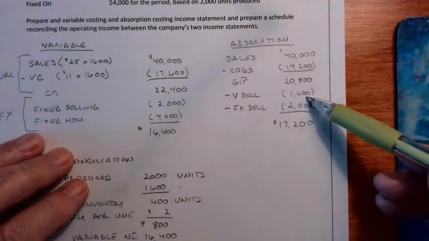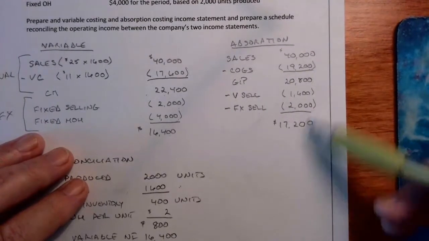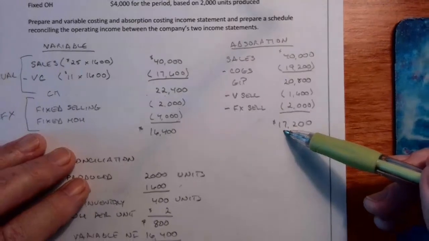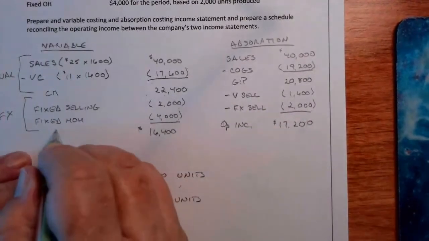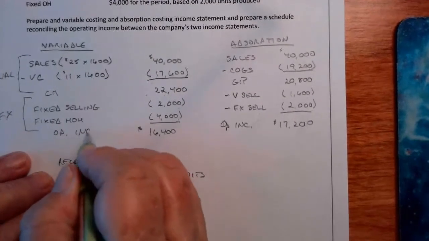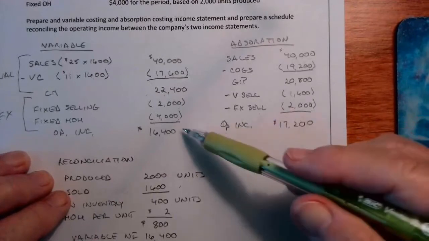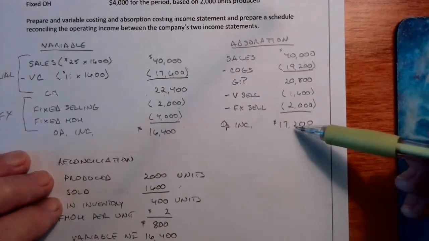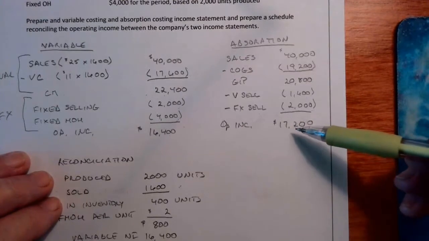Variable selling is $1,600, and fixed selling is $2,000. So my operating income under absorption costing is $17,200. There's a difference between the two because of the fixed manufacturing overhead that's attached to units in inventory.